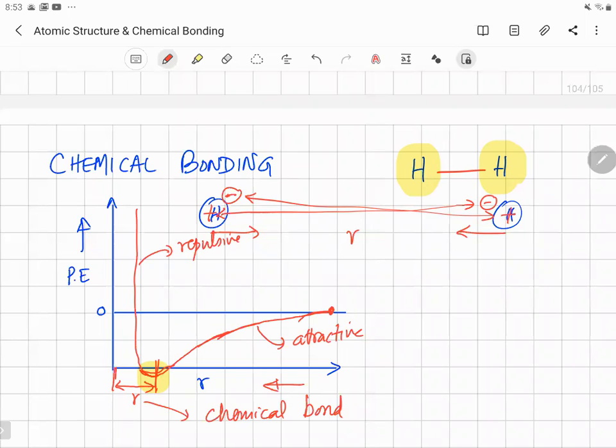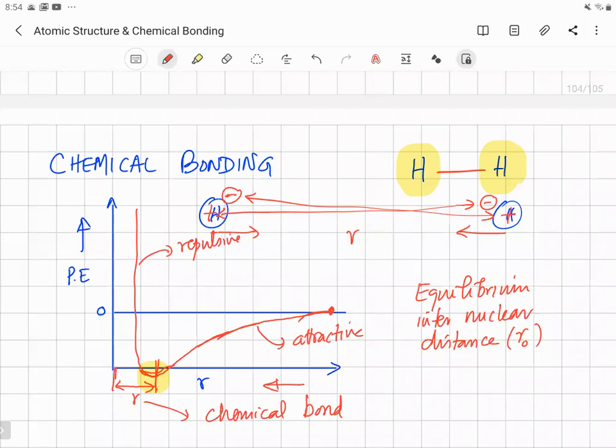This point is sometimes known as the equilibrium internuclear distance, usually represented by R0. This is called a bond. The line we learned about in lower classes is not actually what is known as a bond. The equilibrium internuclear distance is what is known as a bond.